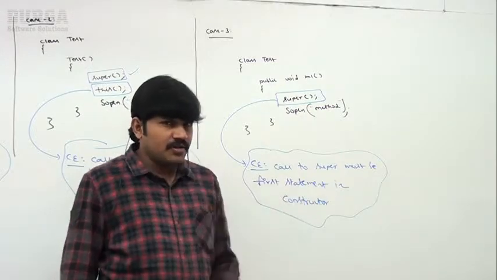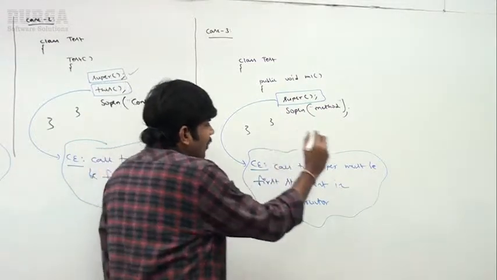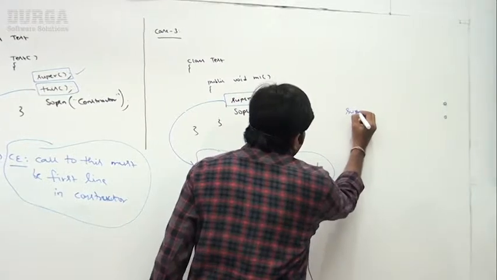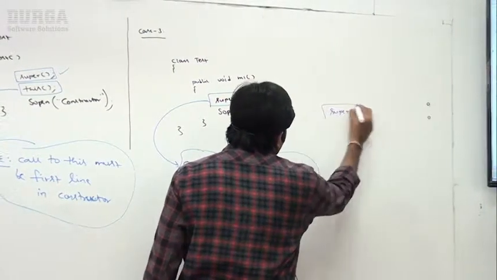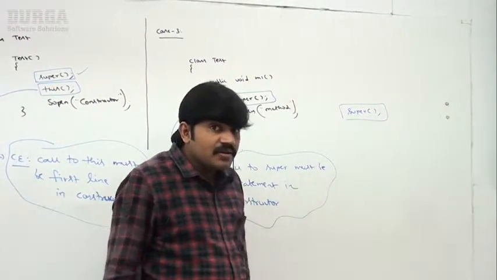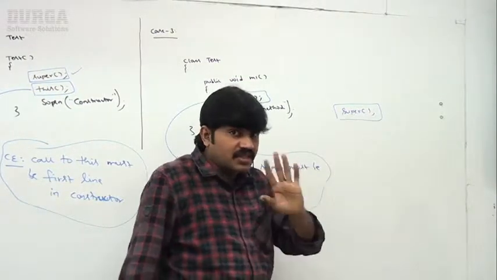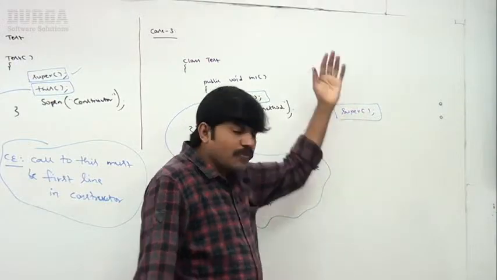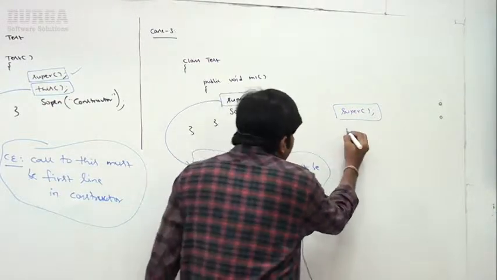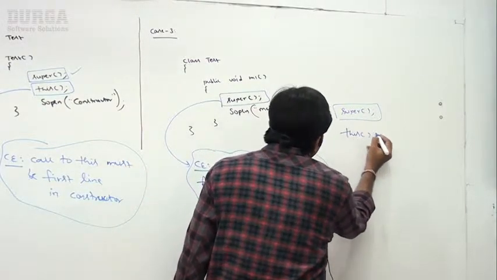Next, I have one small doubt. What is the purpose of super? What is it doing? Super means you are calling the super class constructor, the no-argument super class constructor directly. And this means we are calling another constructor of the current class.